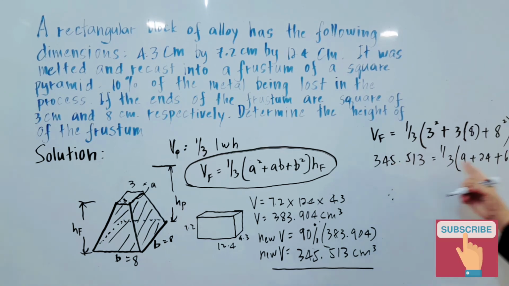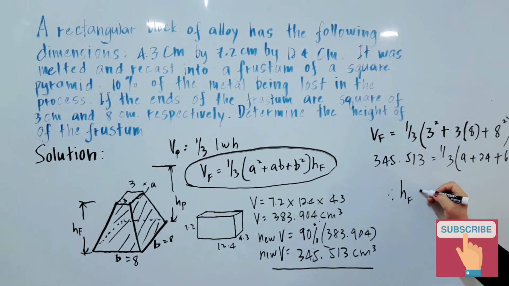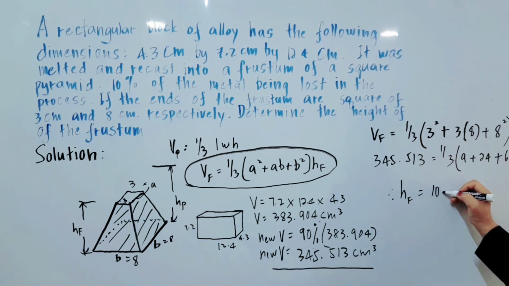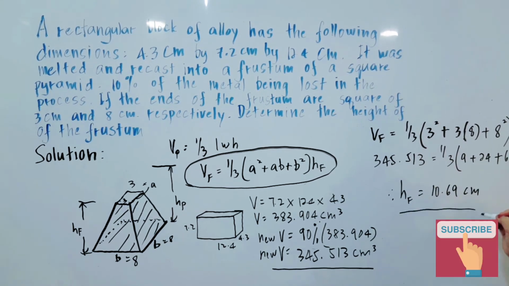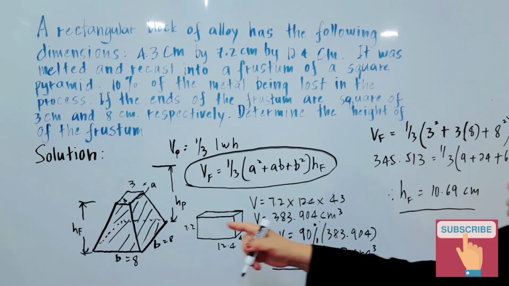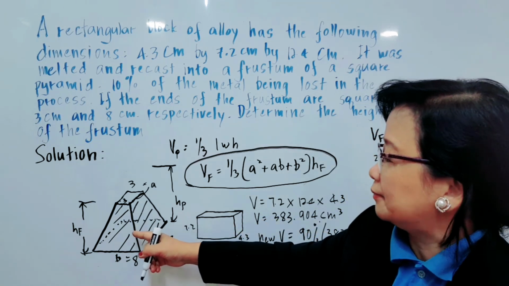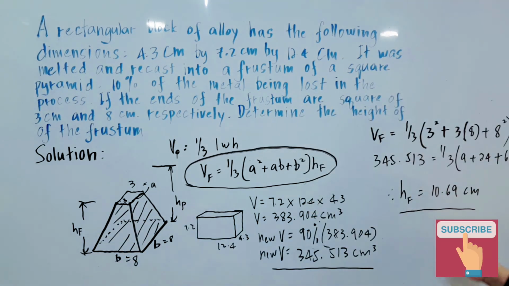Simplifying this, using of course the calculator, HF is equal to 10.69 centimeters. This is what we're looking for, the height of the frustum of a square pyramid, from here to here.